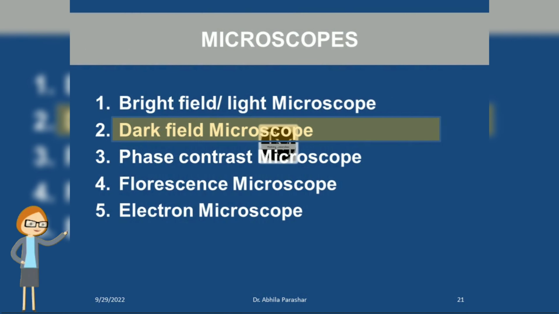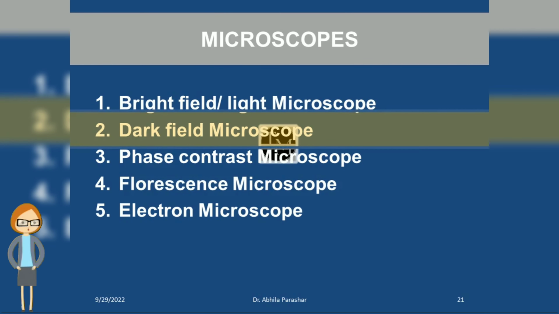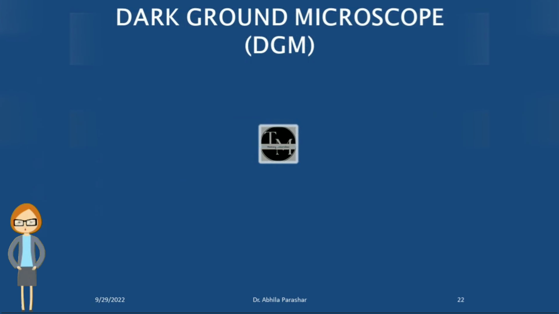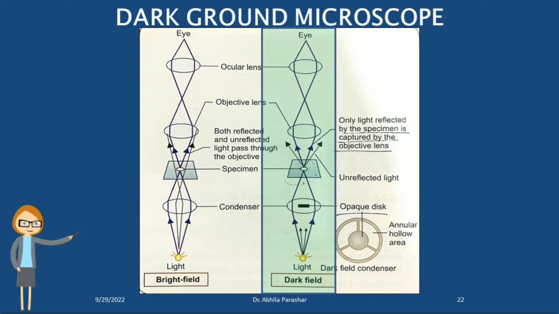Our next microscope is the dark field microscope. As the name suggests, the field is dark against the bright organism. So dark ground microscope, DGM. When we see the light path, we can see that only light reflected by the specimen is captured by the objective lens, and unreflected light is not passing through.